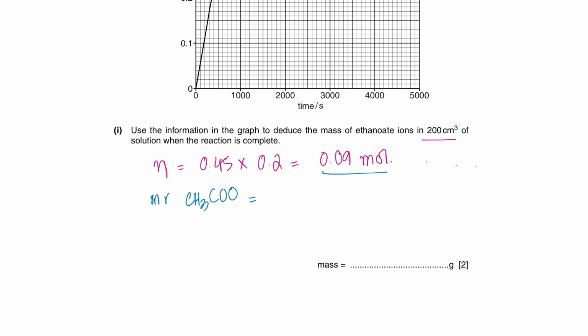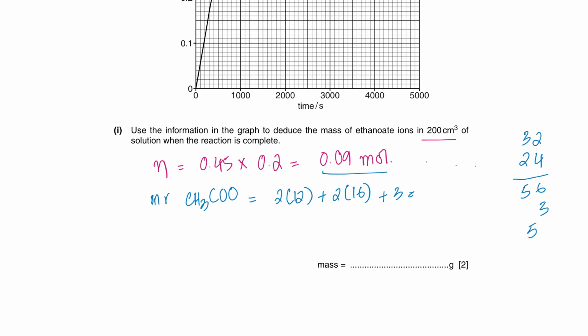So that's 2 carbons, 2 oxygens, and 3 hydrogens. So what is that? 32 plus 24. 32 plus 24 is going to be 56, plus 3.